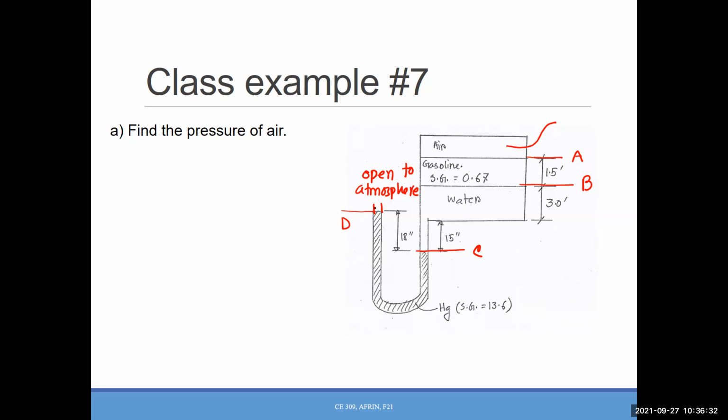Now we need to know what will be the pressure PA at this point. We can start from point D or we can start from point A, right? So which one do you want me to do? Point D or point A? Point D. Okay.